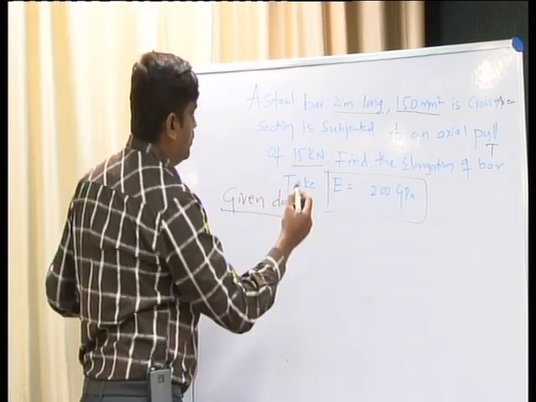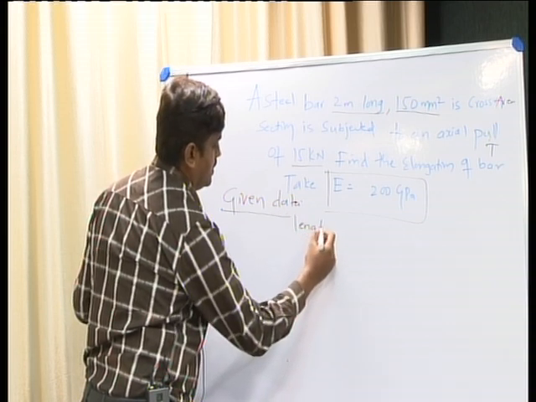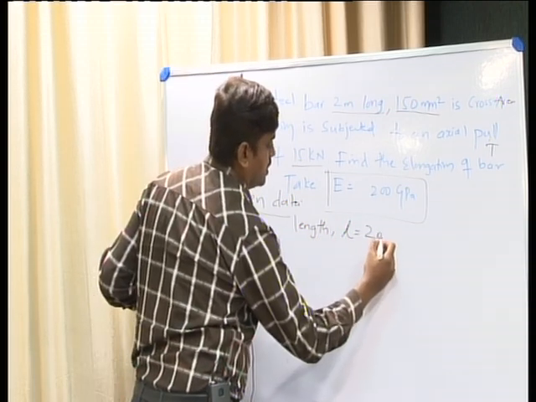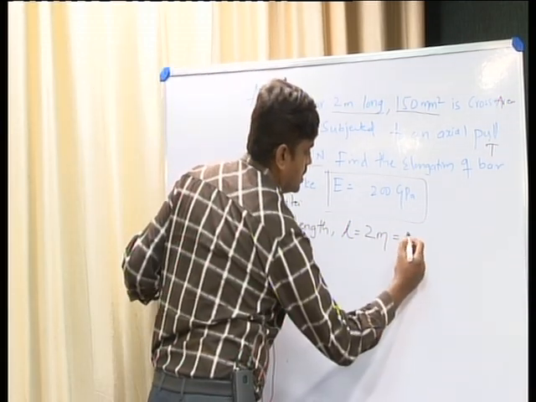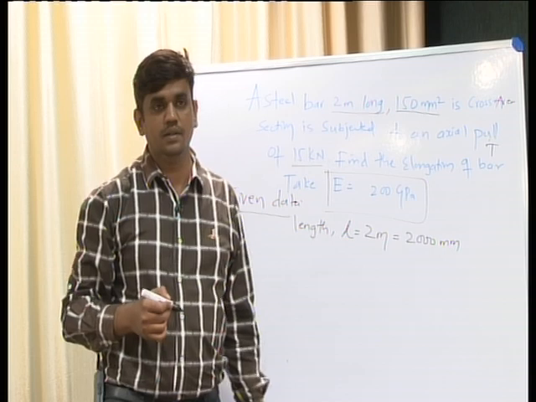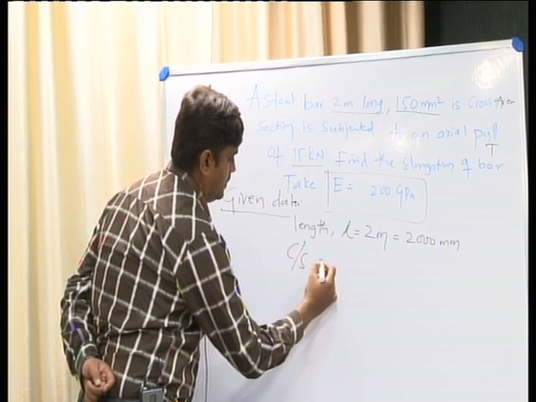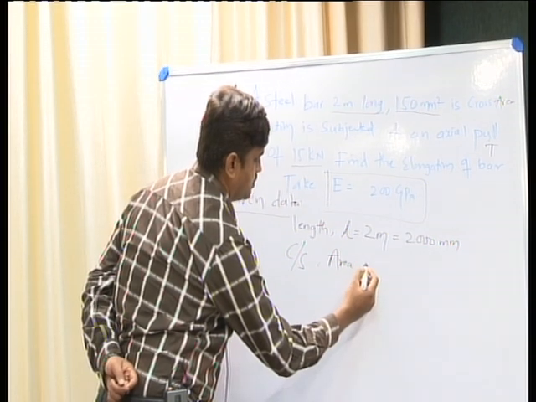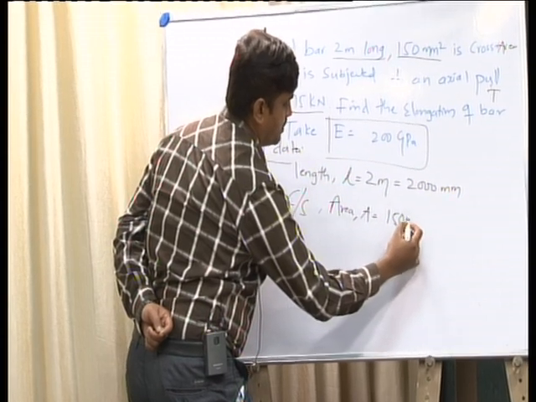So now we'll write the given data. Length L is equal to 2 meter. We try to convert these main units to smaller units for easier solution of the problem. 2000 mm. Cross sectional area, I can write it capital A, it is 150 mm square.